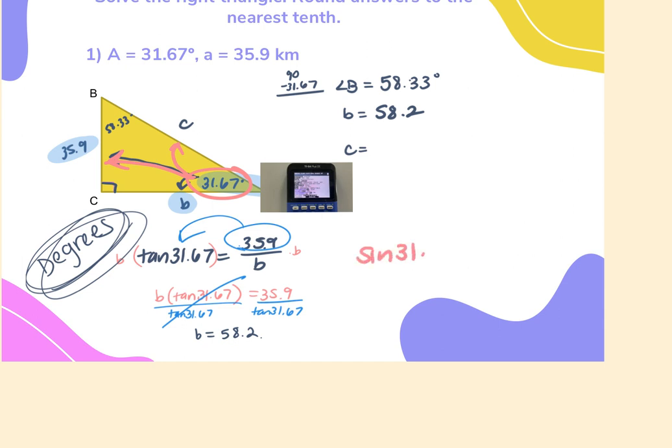So sine of 31.67 equals 35.9 over C. And when the variable is in the bottom, I divide what's over it by the other side. So 35.9 divided by the sine of 31.67. And C is 68.37 or 68.4.